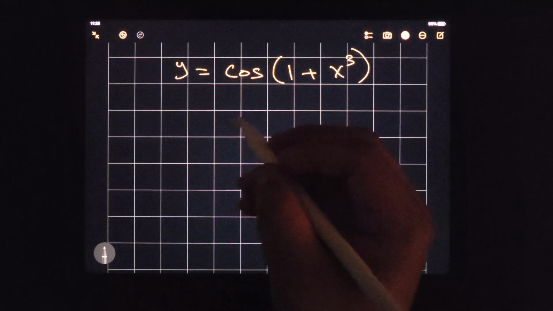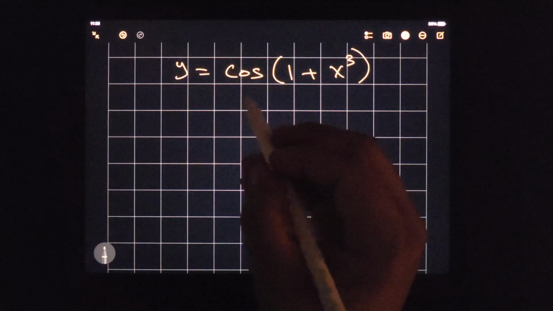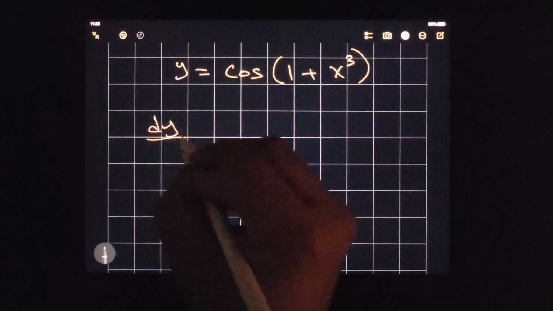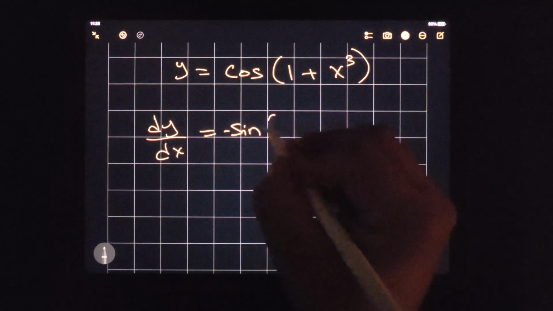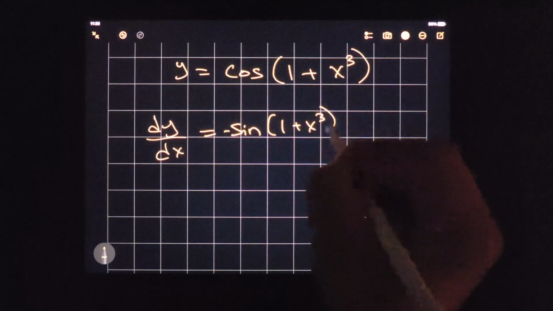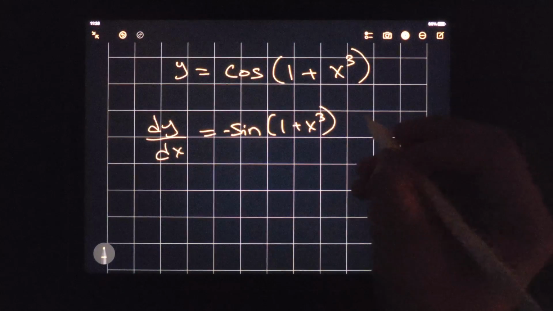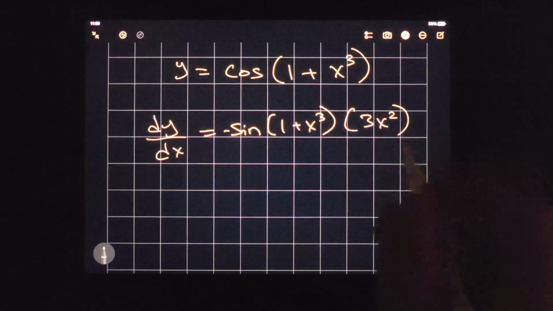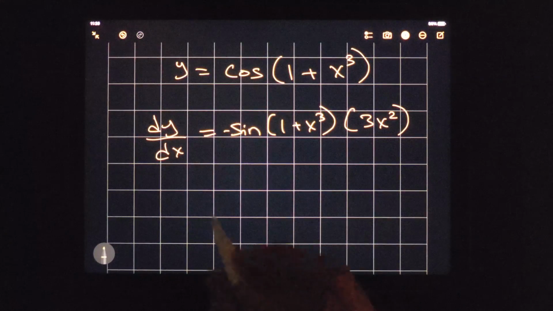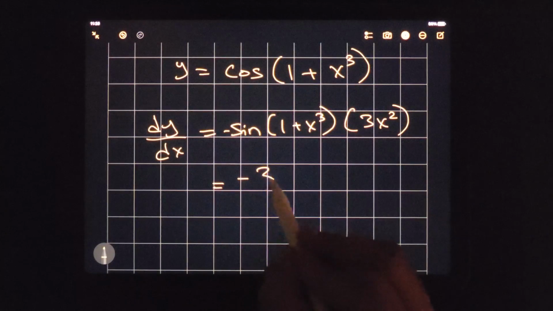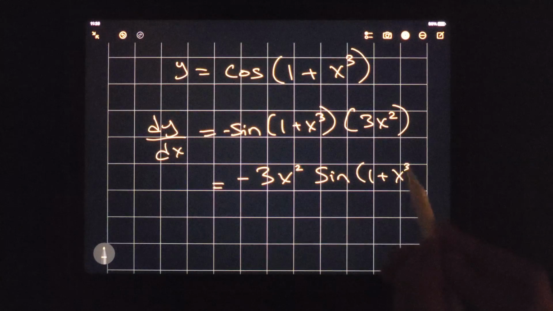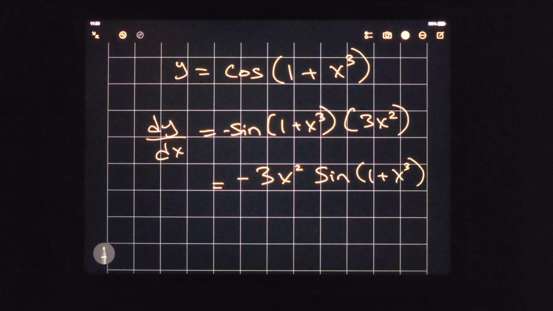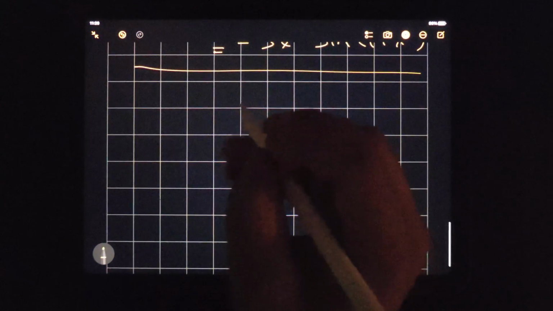Well, first, let's do the derivative of cos, which is going to be negative sine of 1 plus x cubed times the derivative of what's inside here, which will be 3x squared. And just simplify that. Negative 3x squared sine 1 plus x to the cube. And there you go. It's actually much easier than it looks.